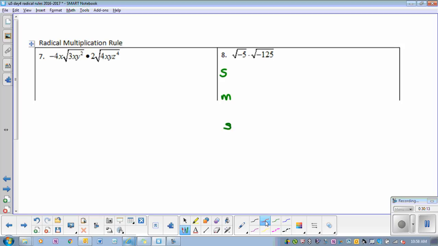So simplify. Okay, square root of -5. I can't break down 5 anymore, but there's a negative inside, so what comes out? Good. So this is i root 5 times square root of -125. I know an i comes out, but that 125 is pretty big, isn't it? All right, let's break down this 125. 125 is what times what?